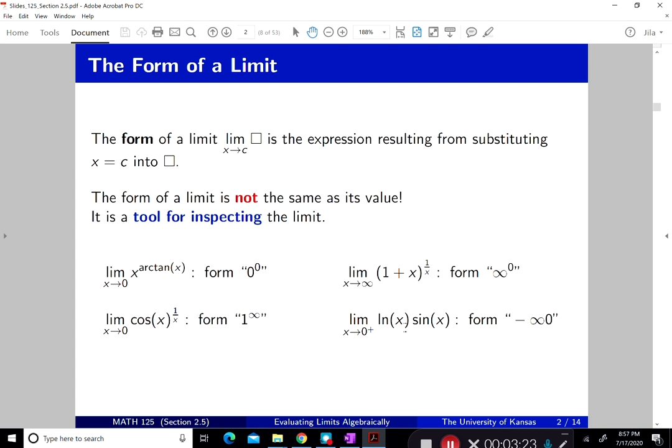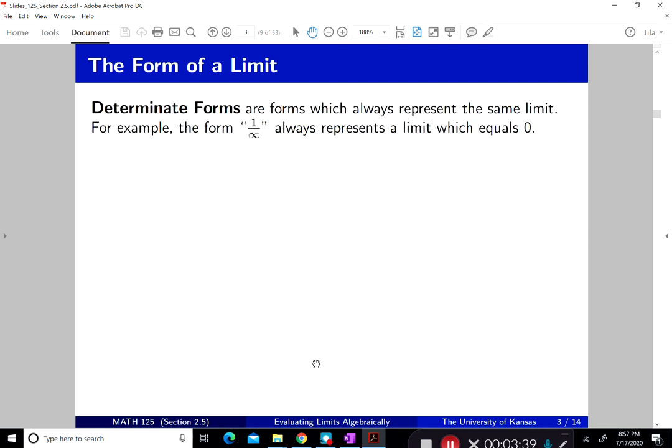In here, if you plug in 0, the natural log of x as x approaches 0 from the positive side is going to be negative infinity, and you multiply by sine, which is 0, and so on and so forth.